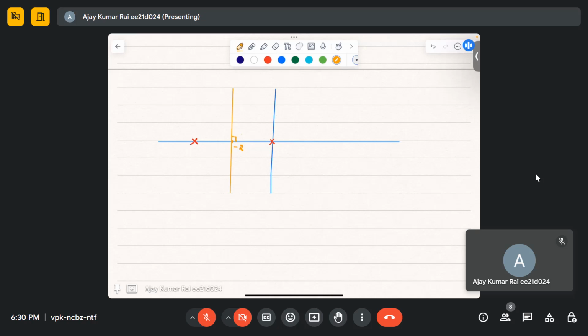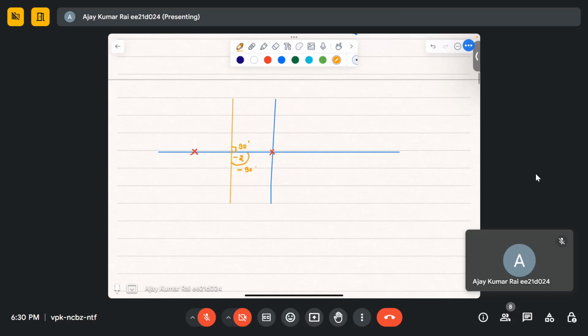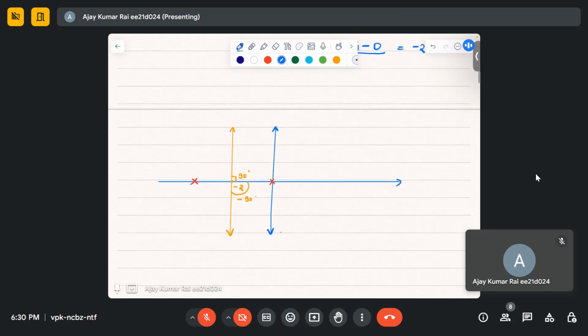This angle is 90° and this angle is minus 90°, or you can say it's 270°. So this is up to step 3. We have drawn the root locus. This is 0 and minus 4.